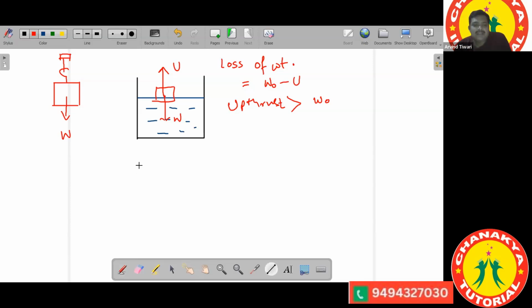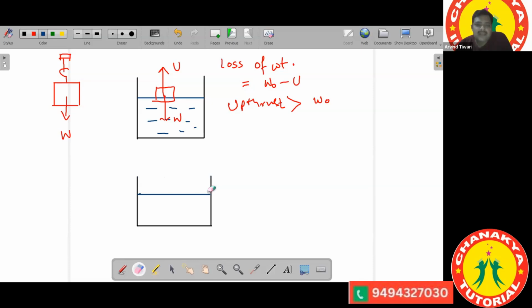The other way is that we take a block now. So we take again the same beaker, and in this, let's fill the beaker up to the top.